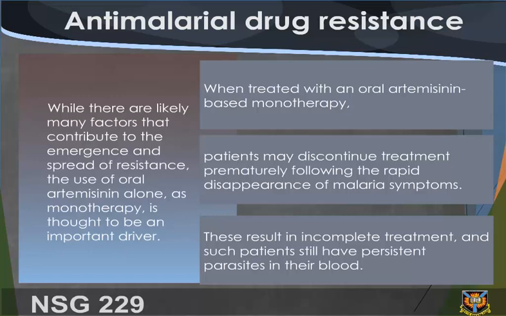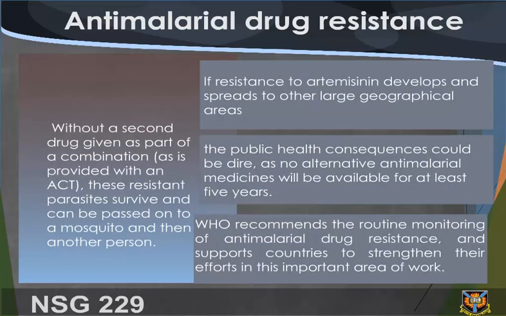This results in incomplete treatment, and such patients still have persistent parasites in their blood. Without a second drug given as part of a combination, as provided with an ACT, these resistant parasites survive and can be passed on to a mosquito and then another person.